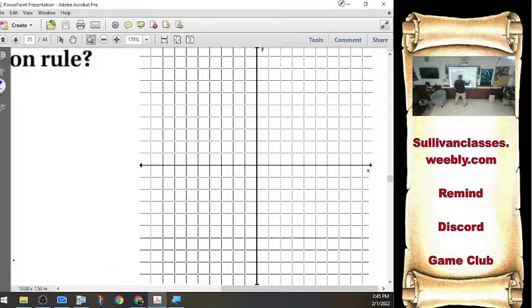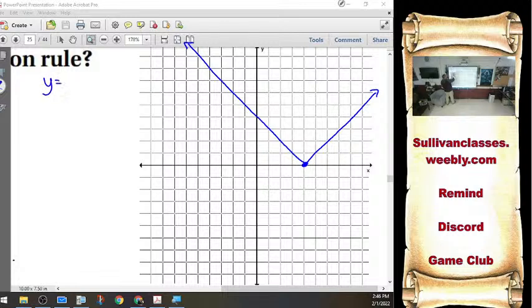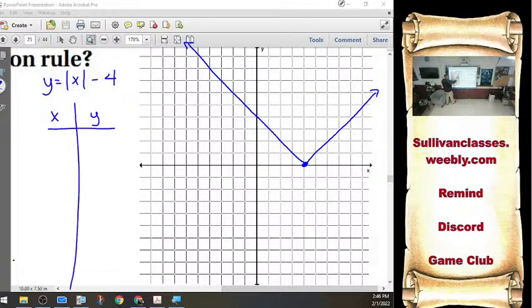So we got one over here. Do the actual problem, because I wrote it down wrong. What's different now that the negative 4 is outside of the absolute value? Fill in the table. Put it also on the same graph.